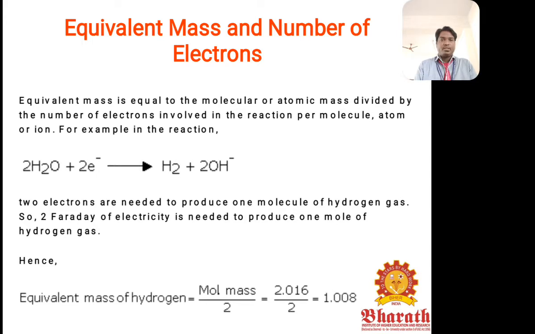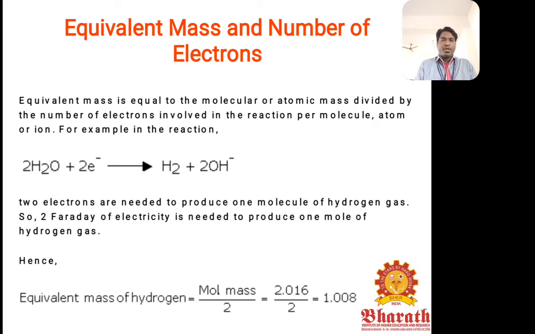For example, in the reaction 2H2O plus 2 electrons gives H2 and 2OH minus, the 2 electrons are needed to produce 1 mole of hydrogen, which means 1 molecule of hydrogen gas. So 2 farad of electricity is needed to produce 1 mole of hydrogen gas. Hence, the equivalent mass of hydrogen is the mole mass divided by 2.